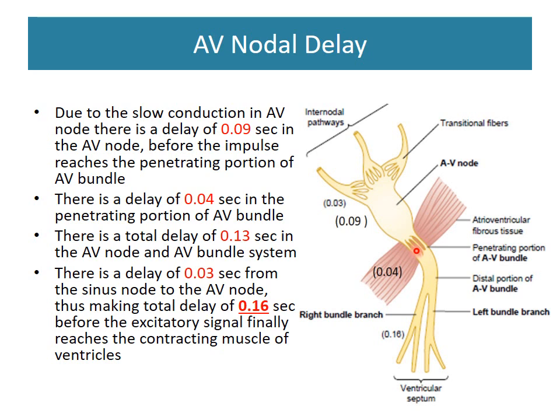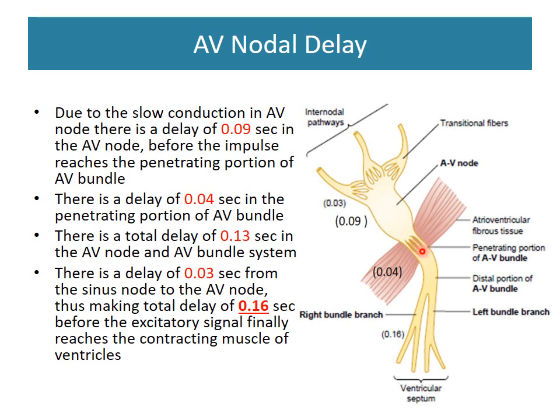Now, due to the slow conduction in the AV node, there is a delay of 0.09 second in the AV node before the impulse reaches the penetrating portion of the AV bundle. This is penetrating portion.